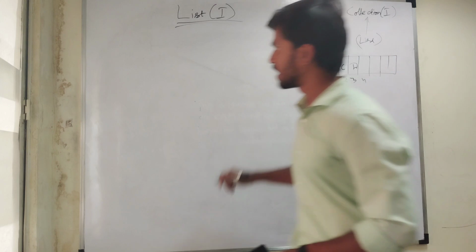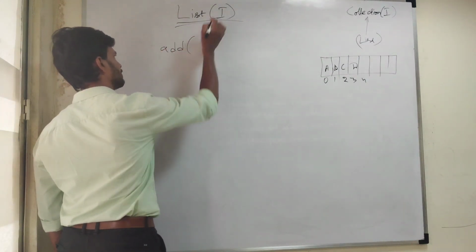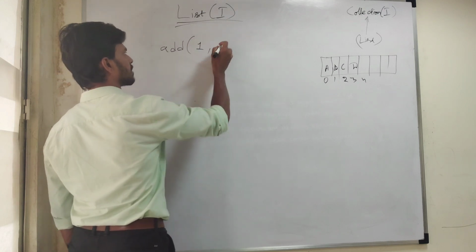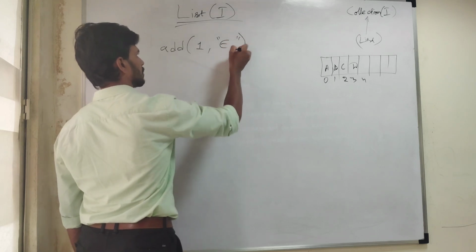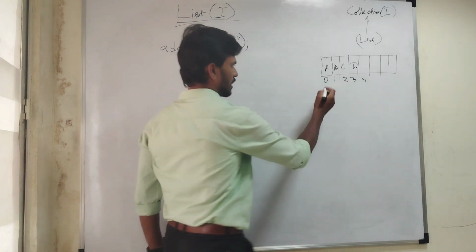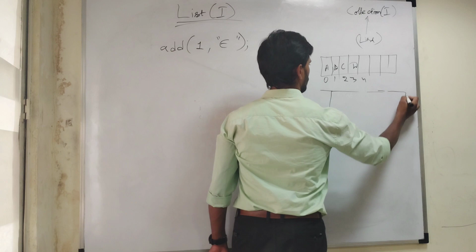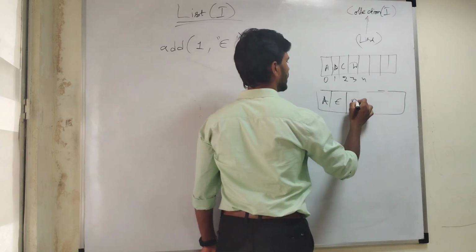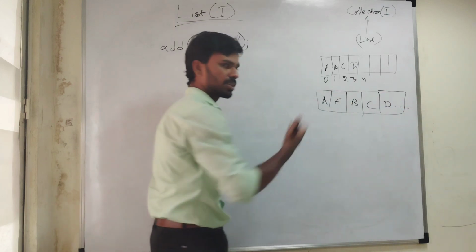At that time, in the list interface we have one method, add of 1 comma, and I want to add some data like E. Immediately, all the data will be shifted: A, after that E will be stored, then B, C and so on.